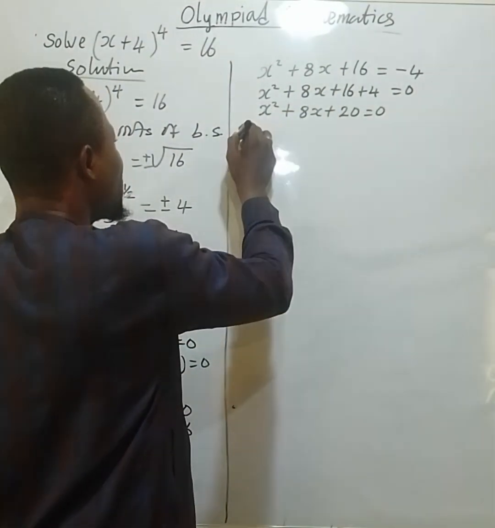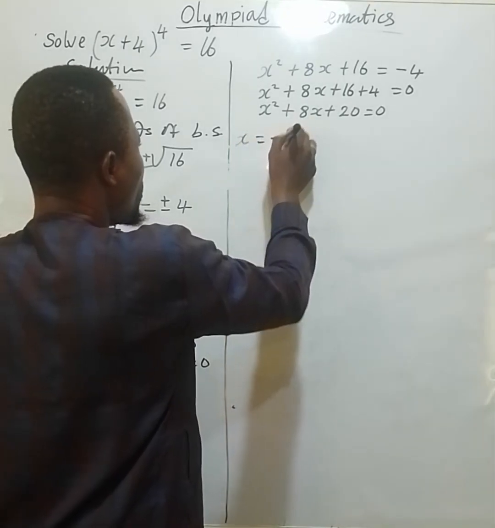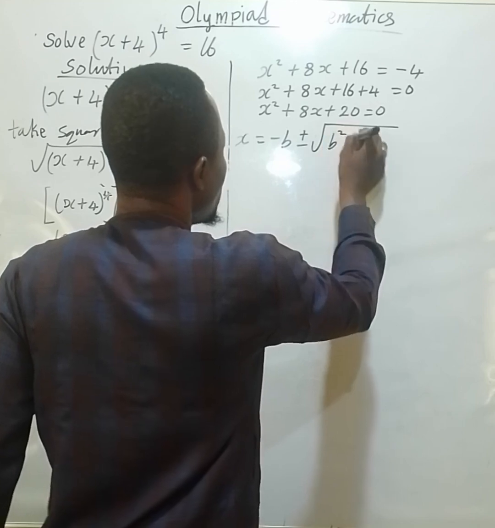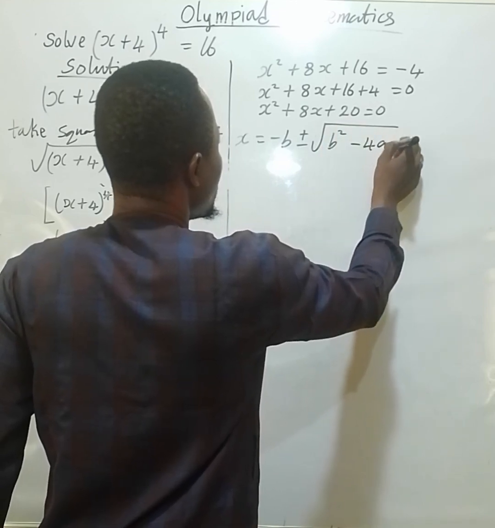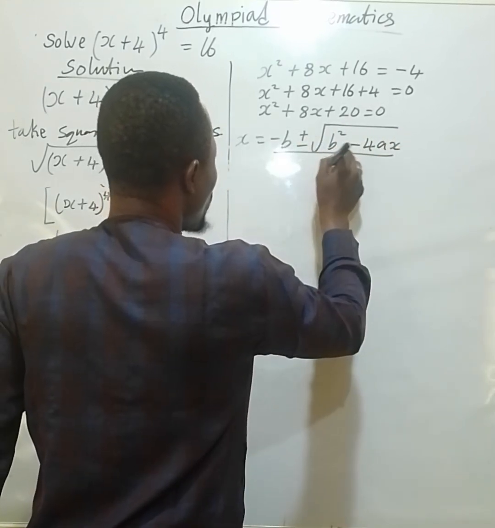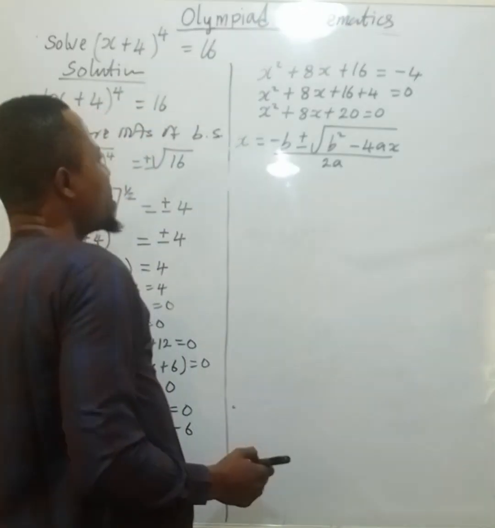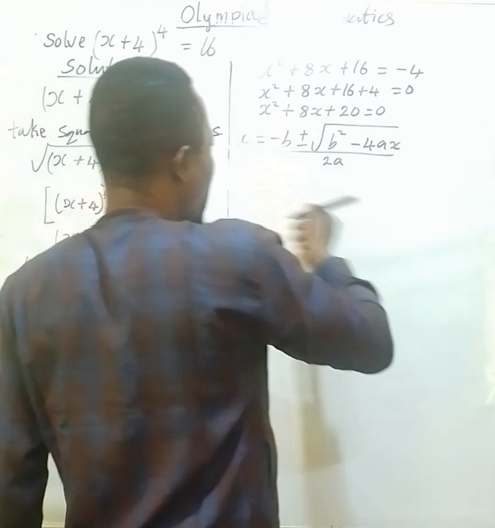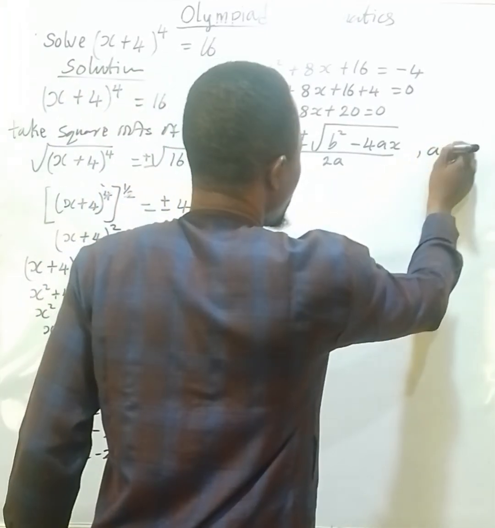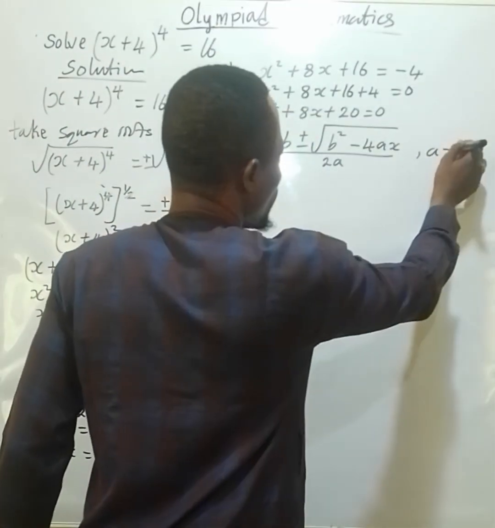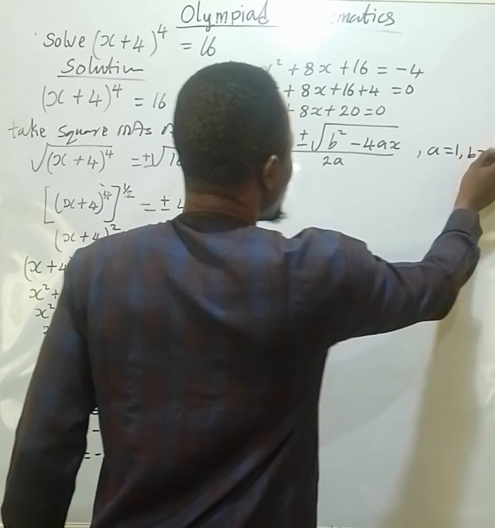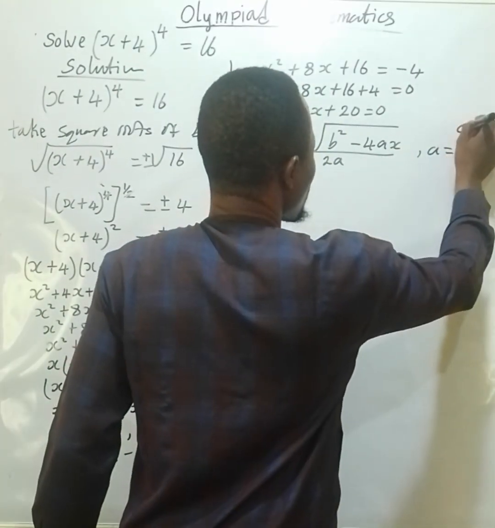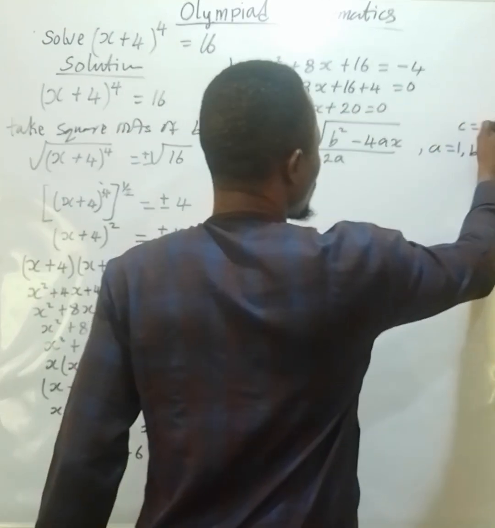The almighty formula says x equals minus b plus or minus the square root of b squared minus 4ac, everything over 2a. So in this case, a equals the coefficient of x squared, which is 1. b equals the coefficient of x, which is 8. And c equals the constant, which is 20.